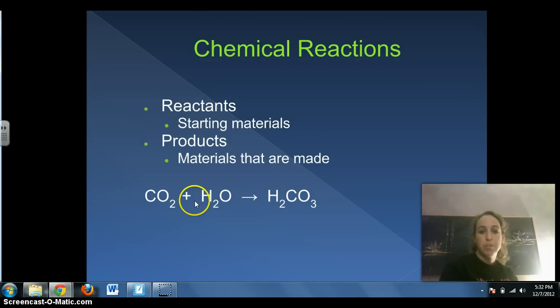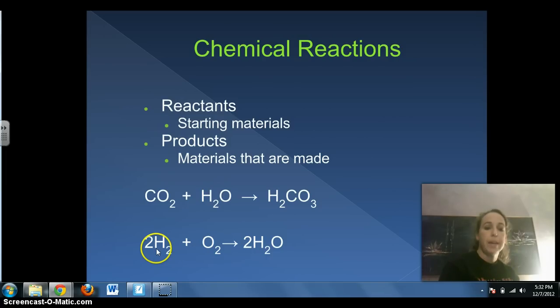So CO2 plus H2O gives you this acid. Reactants are what you start with, CO2 and H2O. Products are what you get, H2CO3. And the same is true with this reaction. We have H2 and O2, and those come together to form water. Reactants are what you're starting with, the H2 and the O2, and you're producing water. So make sure you have those labeled on your sheet.